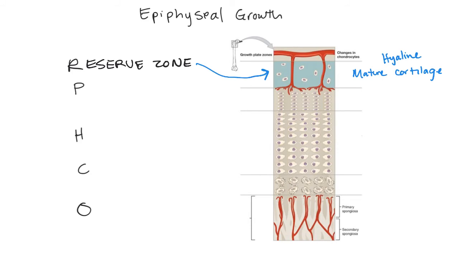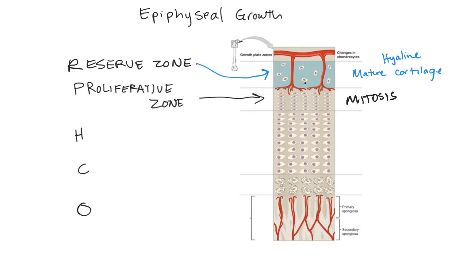And from there you have then the proliferative zone, where mitosis is occurring.